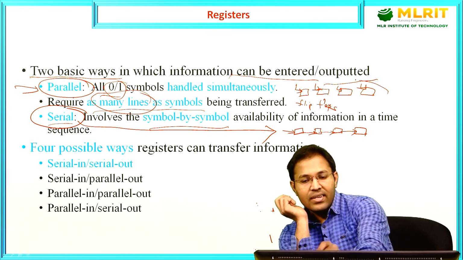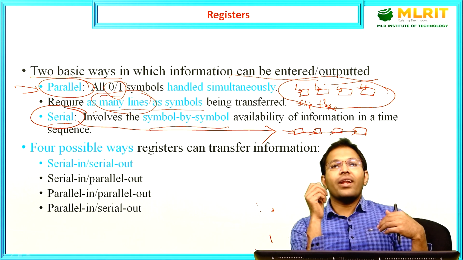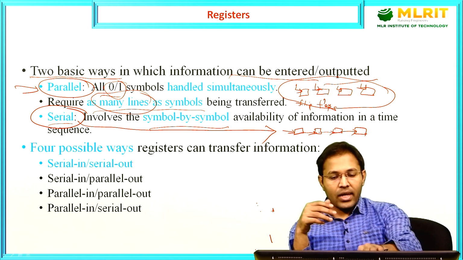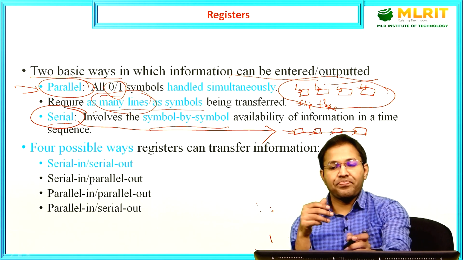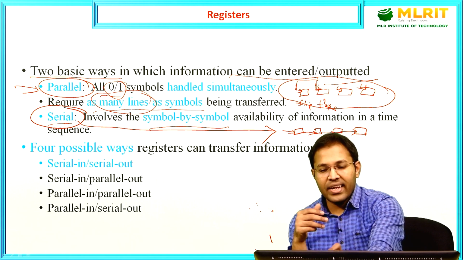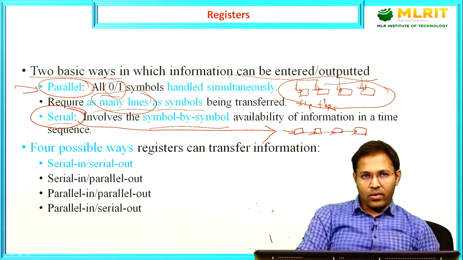And here when you have 4 lines of data entering into the flip-flops, such a condition is known as the parallel entry of data. So, one line enters here, another line enters here, another line enters here, another line enters here.